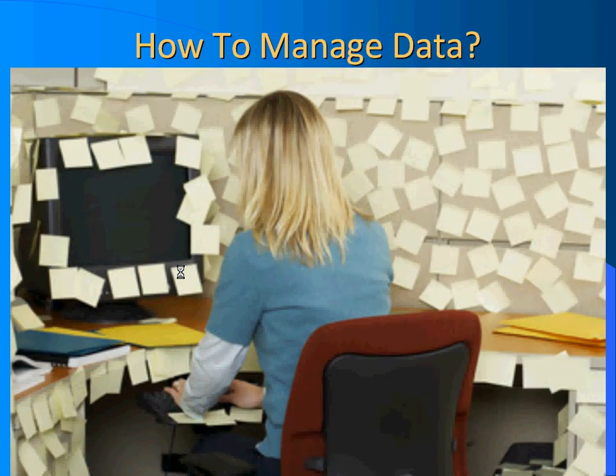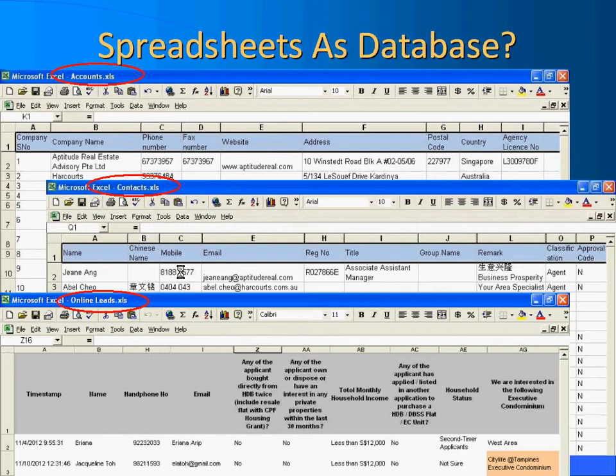If you use a spreadsheet, you have to keep one table for accounts, one table for contacts, one table for leads. During the past few workshops, property agents came to us and showed us about 4 different contact lists, for contacts or leads alone.